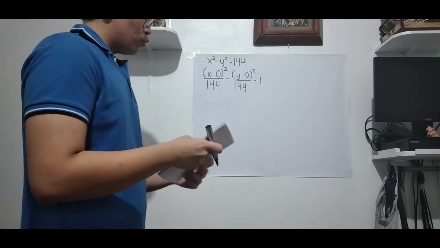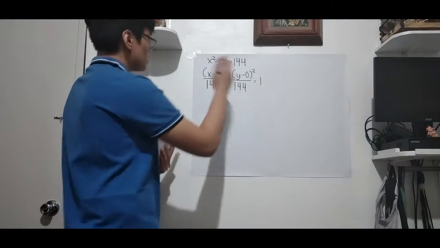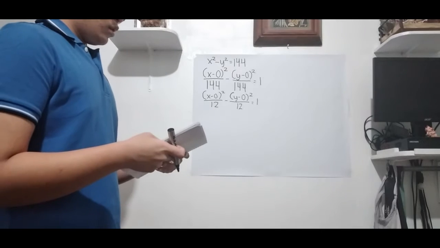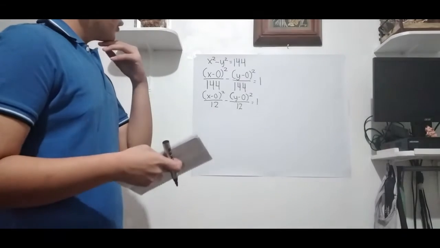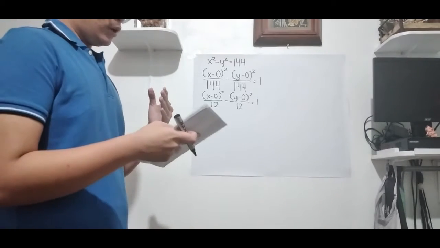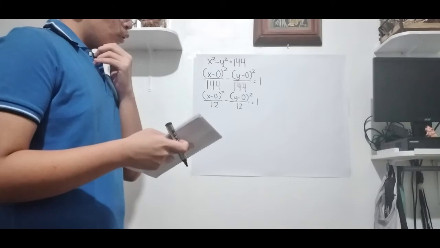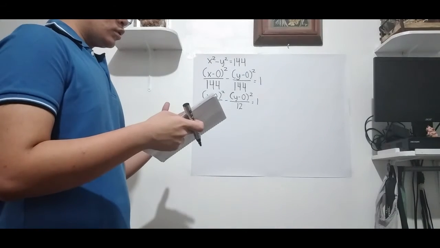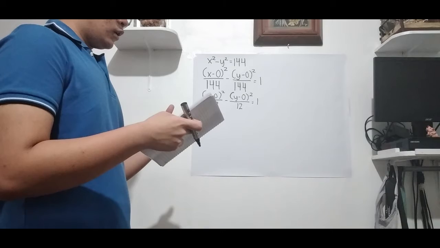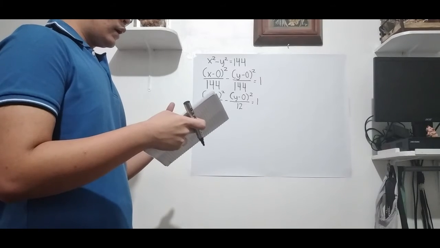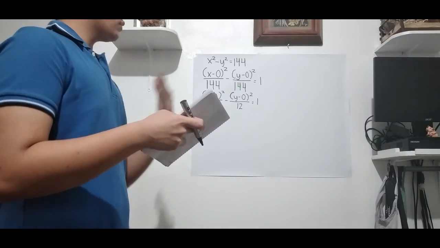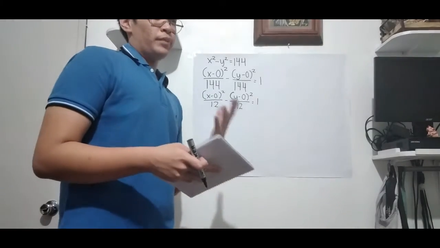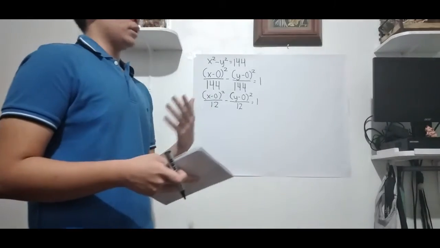Next, we just have to simplify this. For us to go any further, we just have to get the c squared, or we can write the values of h, k, a, and b for us to get the properties more easily.